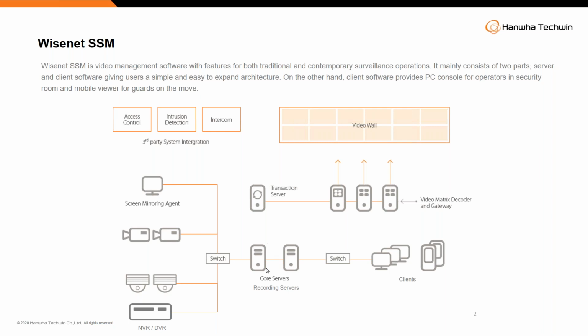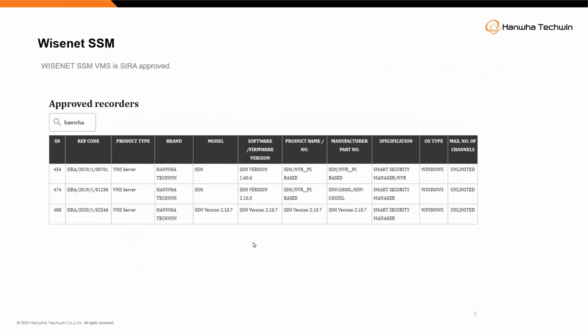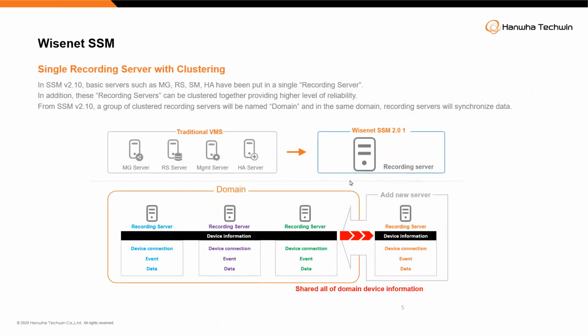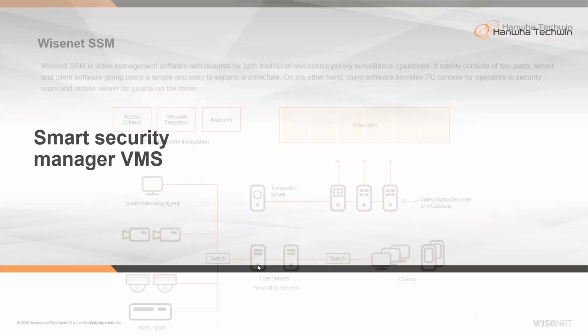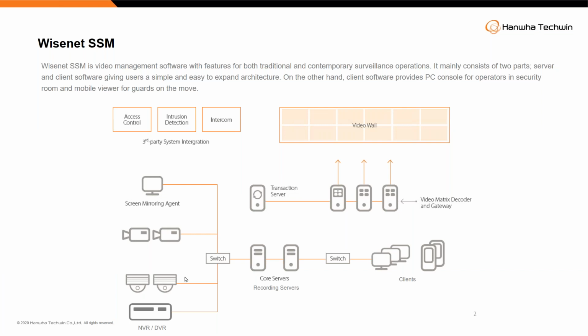Okay, so this is that server that we talked about, the all-in-one architecture I mentioned. In this server, you can add cameras. If you're adding cameras directly, the recording is happening on the server.